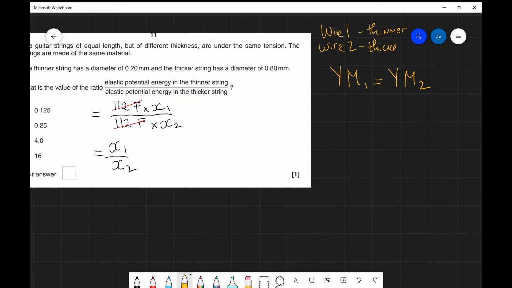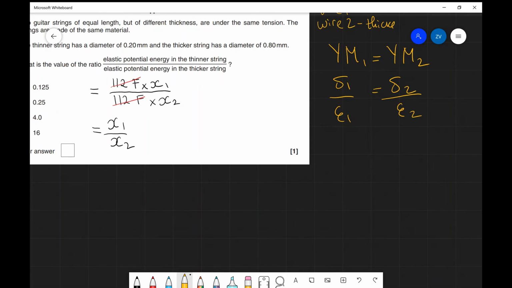Young's modulus in general is stress over strain, so we can say that the stress in the first string is going to equal the stress in the second one divided by the respective strains, like so. Okay, well, let's start applying some formulas.